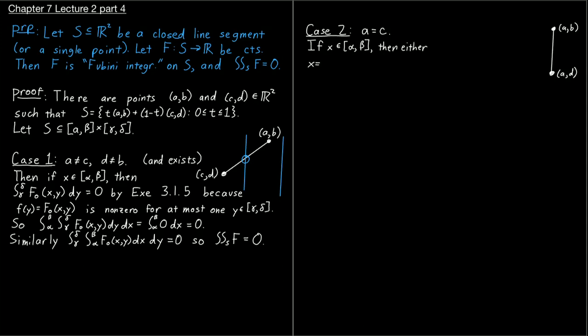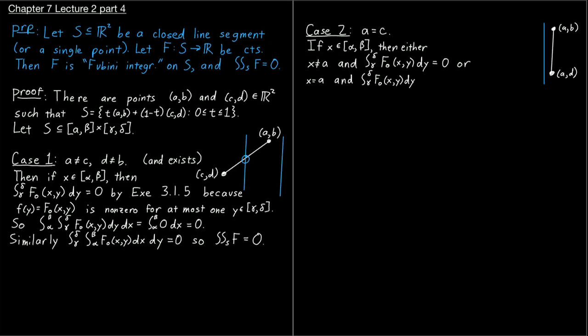either x is not equal to a, and when we integrate from gamma to delta f naught of xy dy, that's integrating over some other vertical line, that is 0, or x equals a, and the integral of f naught of xy dy, well, I can't say it's 0, but we did say that f was continuous.